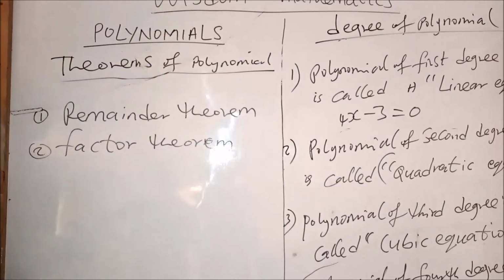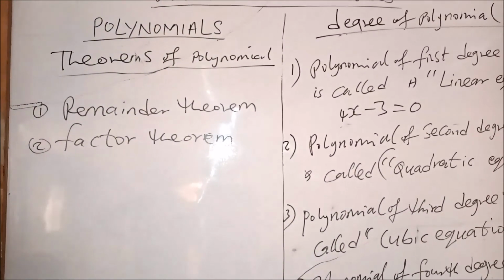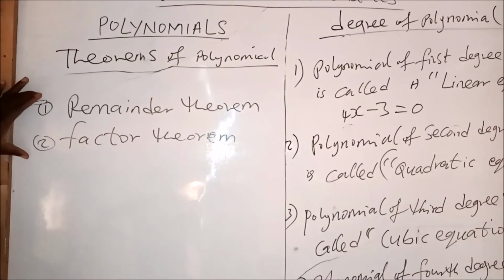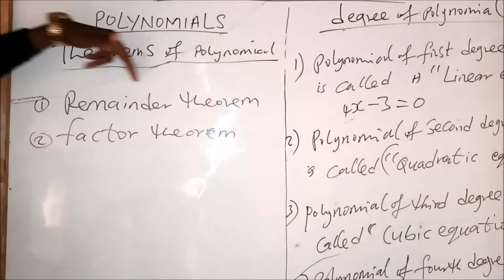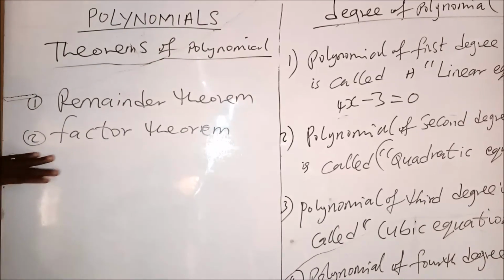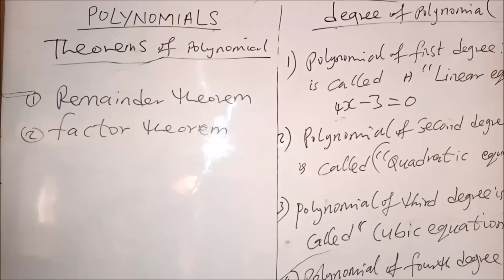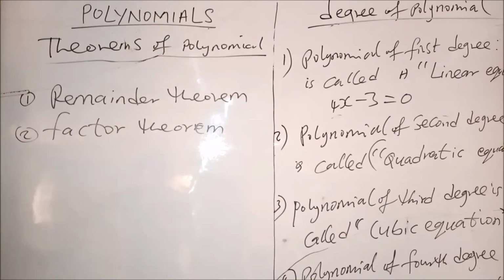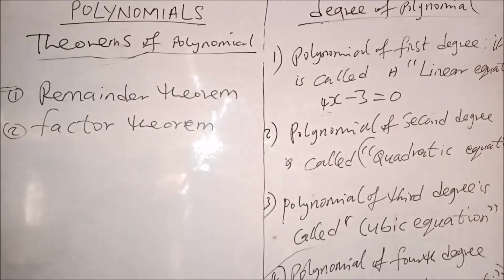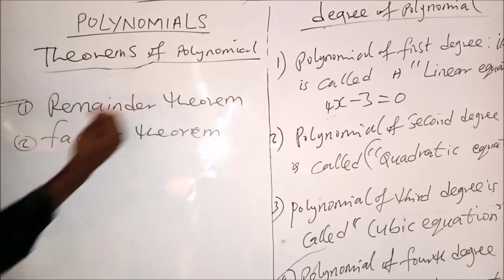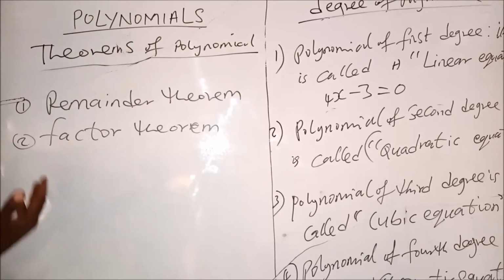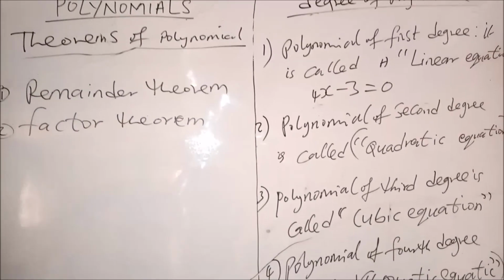So, the two major questions which are to be solved under polynomials are questions from the remainder theorem and questions from the factor theorem. So, having known the meaning of polynomials, we are going to show how to solve questions using the remainder theorem and how to solve questions using the factor theorem in our next video.